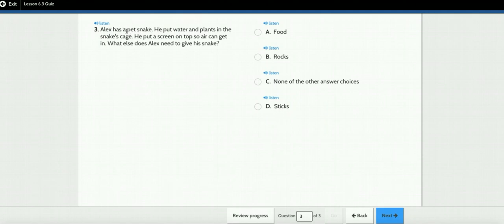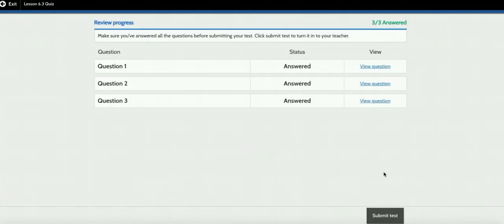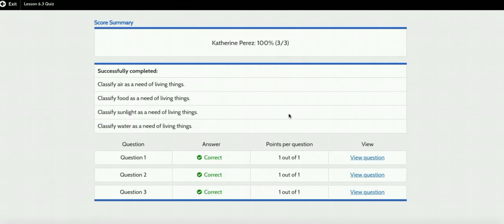A pet snake. What else does he need? Food. We got them all right. Good job, boys and girls.